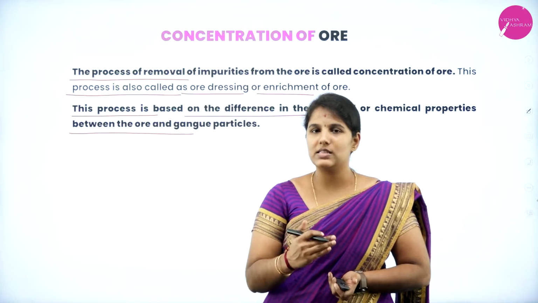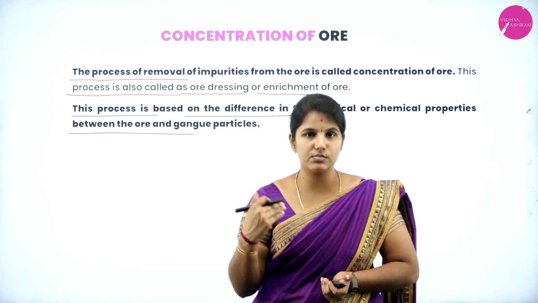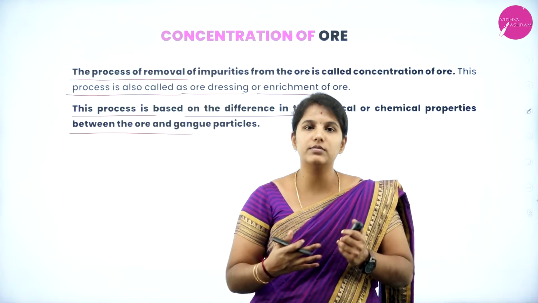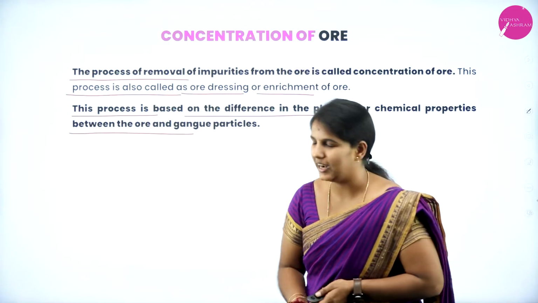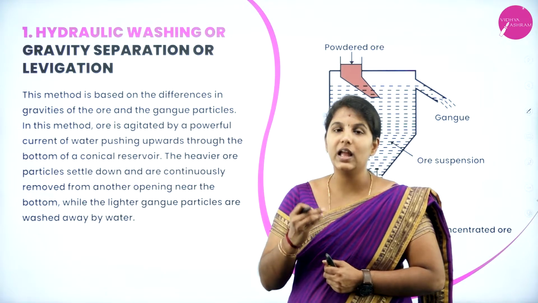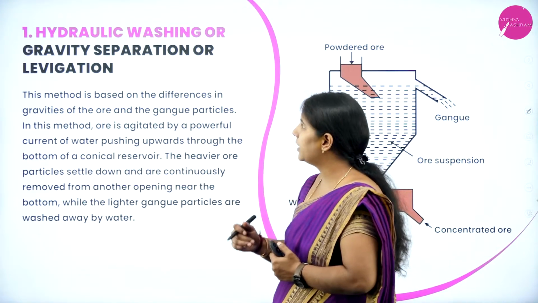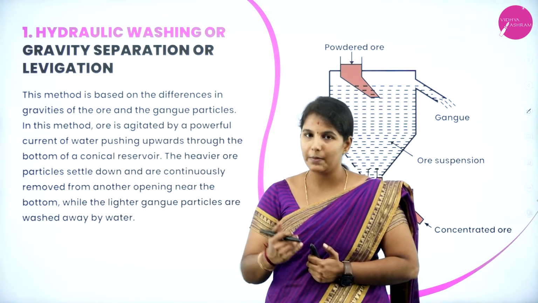Now let us understand how many different steps there are and how we do the concentration of ore by using different techniques. The first one is hydraulic washing, which is also known as the gravity separation method.